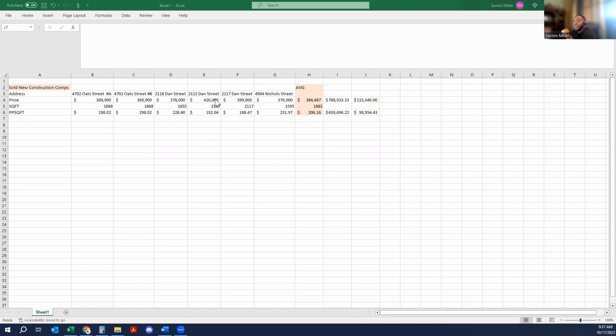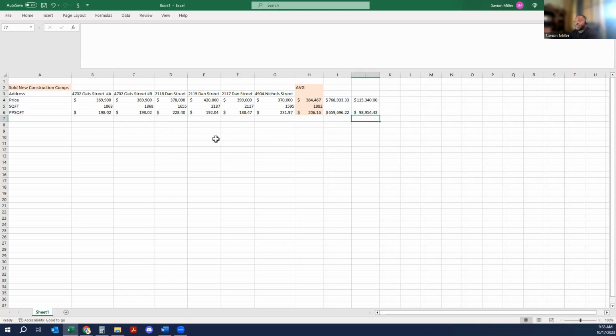You have 2 that are 400,000 or higher, right? 399 is just rounded up, but 370, 378, 369, so 370, 370, 378, 370. So would you lean more toward your property selling for 360 to 370, or would you lean to the top of the market at 400,000, 420? More than likely, you need to be around 370, right? I would say that's a safe bet, maybe 365.